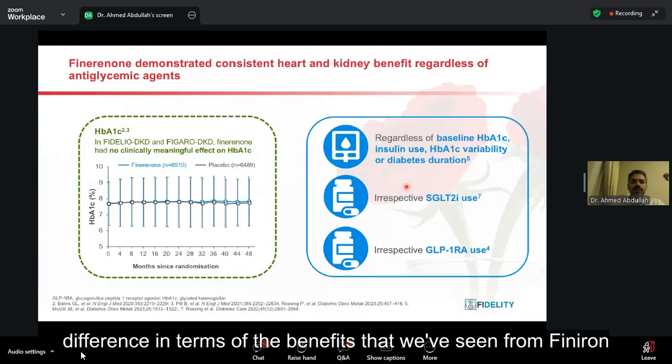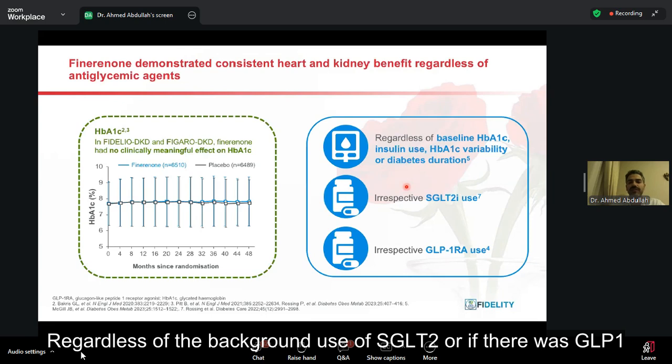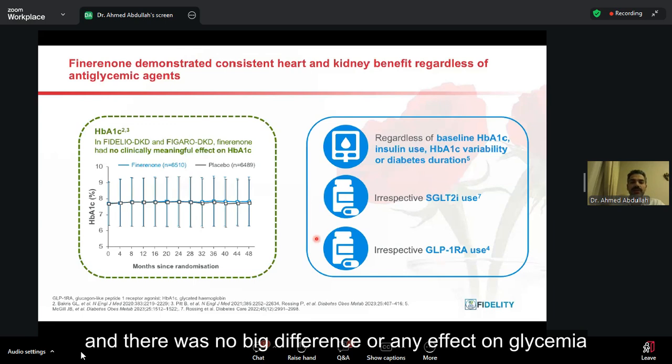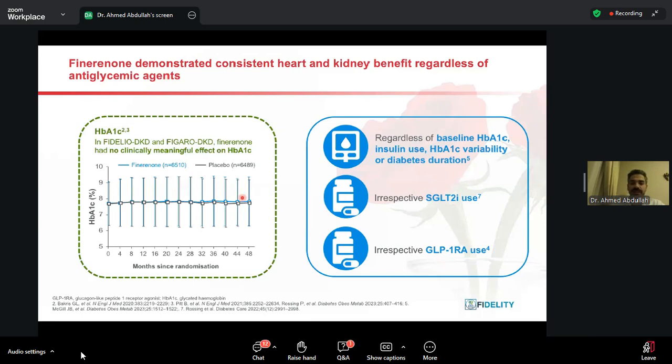So there is no difference in terms of the benefit that we've seen from finerenone, regardless of the background use of SGLT2 or if there was GLP-1, and there was no big difference or any effect on glycemia.